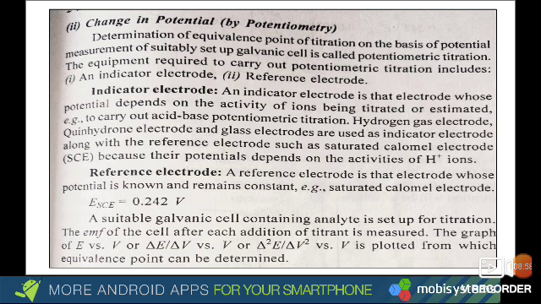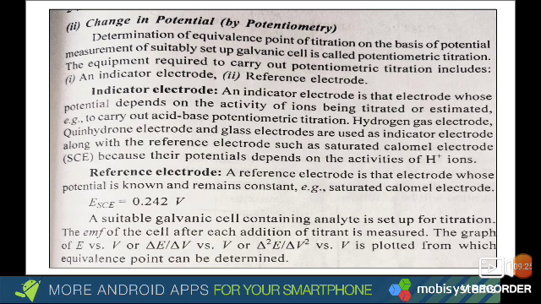Every time you are adding 0.5 ml of burette solution, and whenever you add that, there will be change in the EMF of the system. Okay, and the graph of EMF versus volume is plotted. So E means the EMF and V means the volume of the titrant solution added.